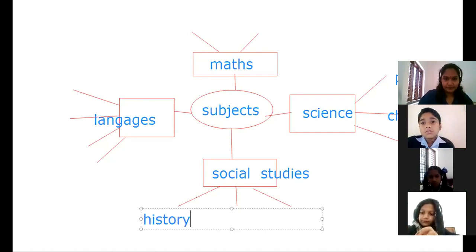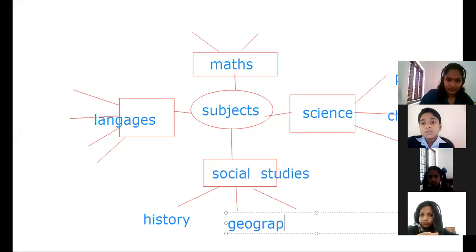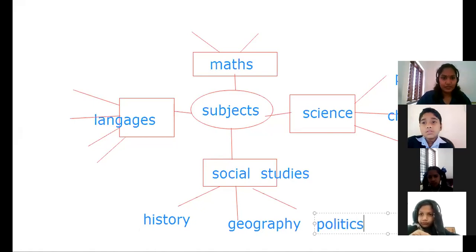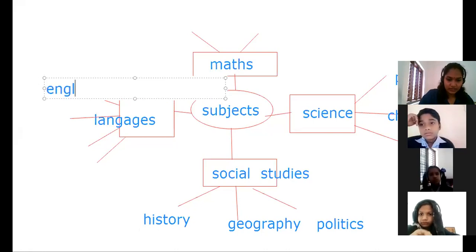History, geography. Languages, English. E should be capital.